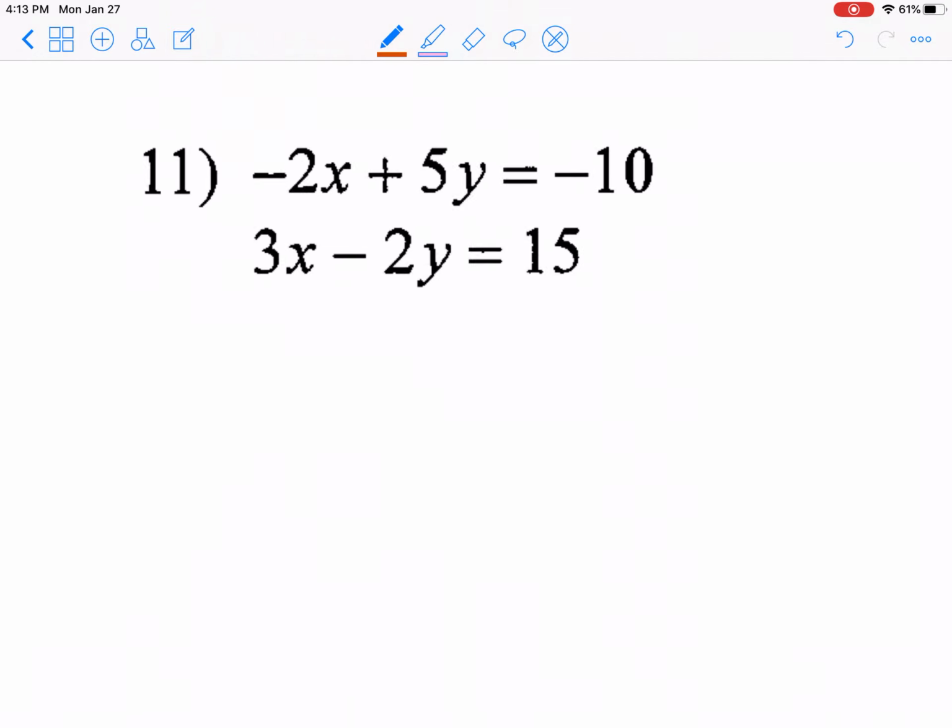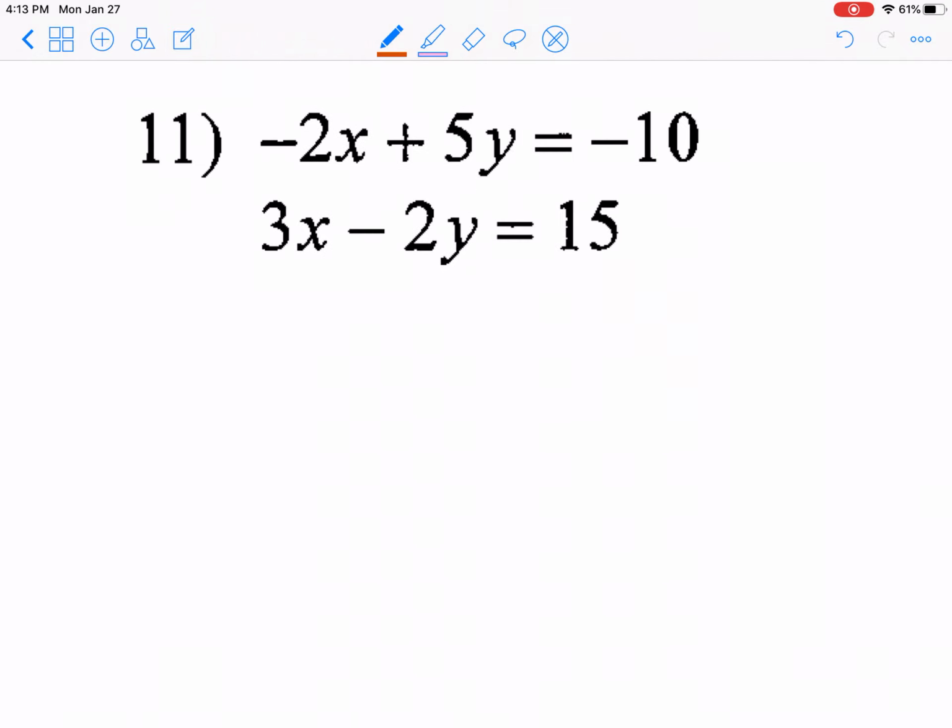Let's look at 11. On this equation, negative 2 and 3. This is one of those where we don't really have a slick, easy way to go about this. So if I wanted to eliminate the x's, I would find the least common multiple of 2 and 3.